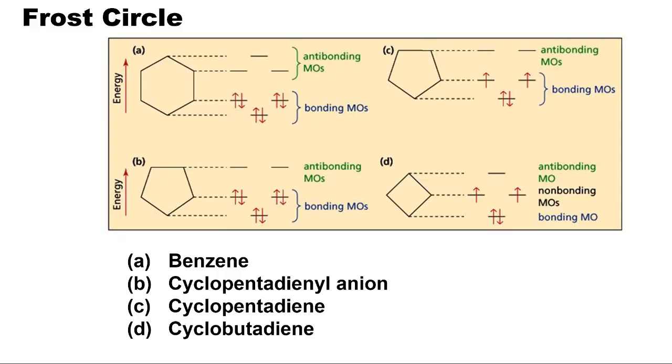There's another way to determine whether or not molecules will be aromatic, and that's by using something called a Frost circle. Now, we haven't spent too much time talking about molecular orbital systems, conjugated ring systems, but it turns out a simple way to determine the relative energies of the molecular orbitals is by drawing the shape of the ring structure with the point going down.